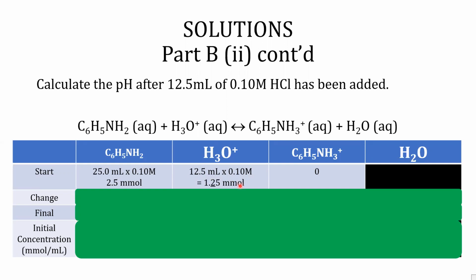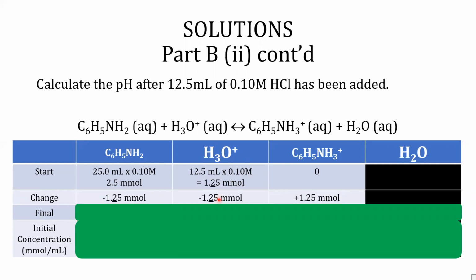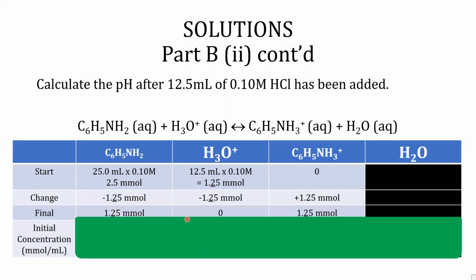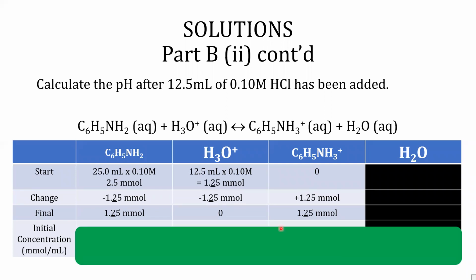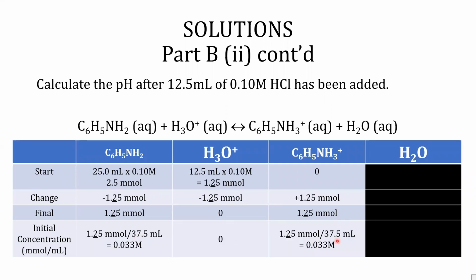HCl is the limiting reagent, so after subtracting 1.25 millimoles from both and adding 1.25 millimoles to C6H5NH3+, the final amount is 1.25 millimoles for C6H5NH2 and C6H5NH3+. The molarities of both C6H5NH2 and C6H5NH3+ are 0.33 molar each.